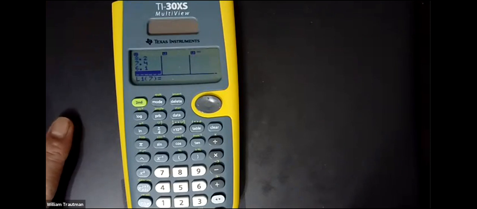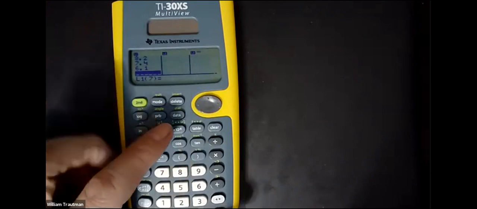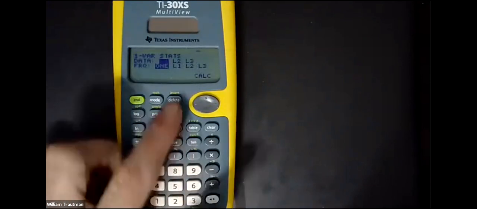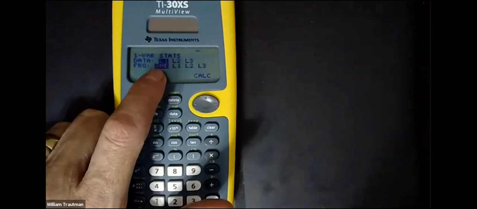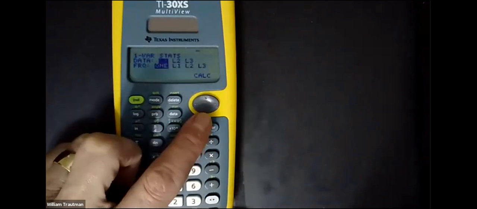So there's the data. I'm going to hit second data, which is 1-Var Stats. Our data is in L1. We don't have anything in L2 or L3, so we keep it on ONE. That means blank.